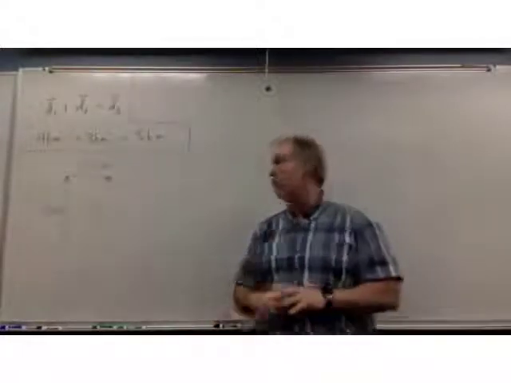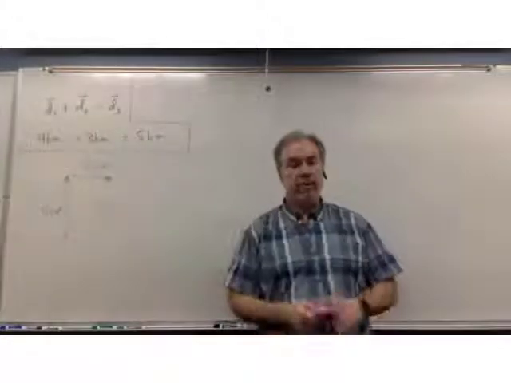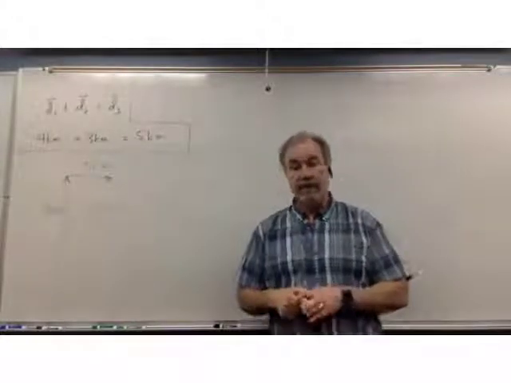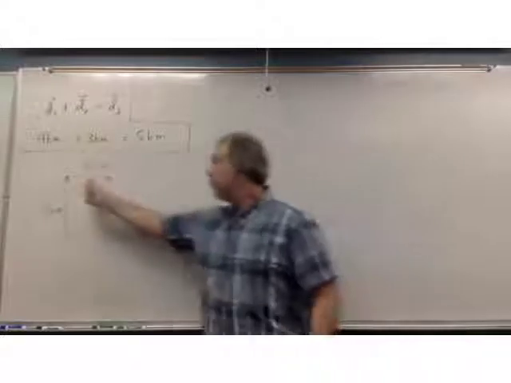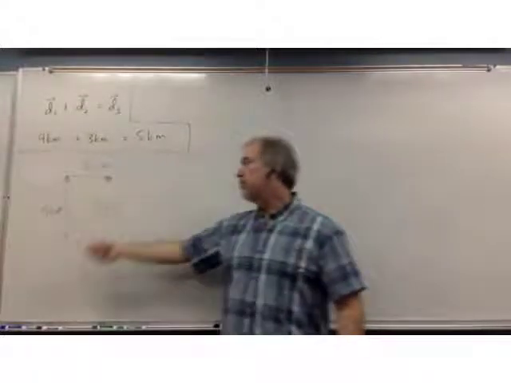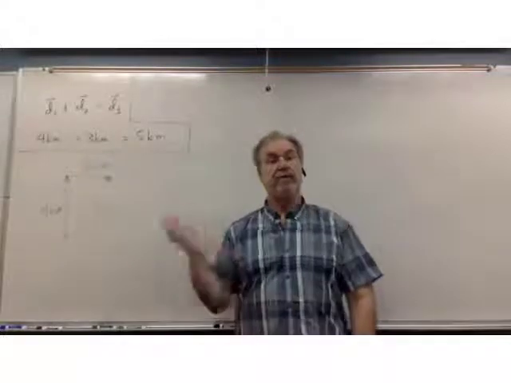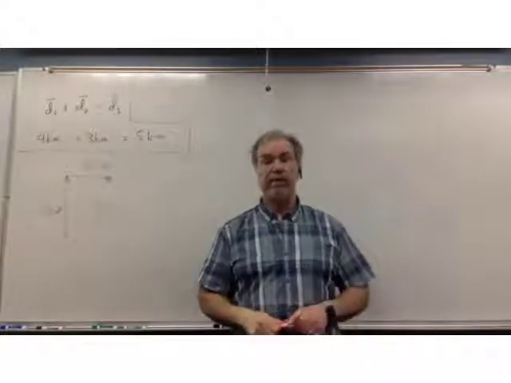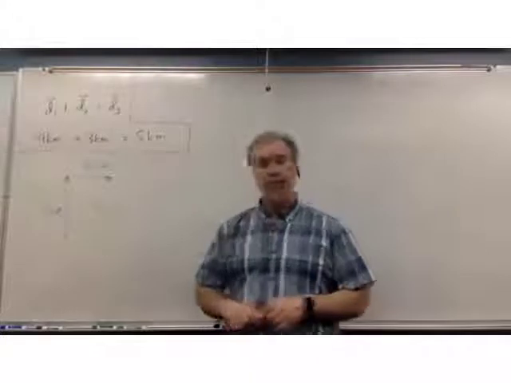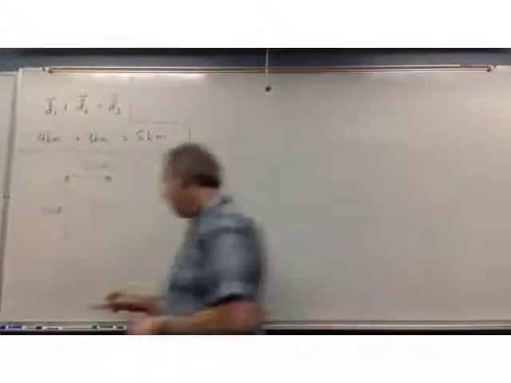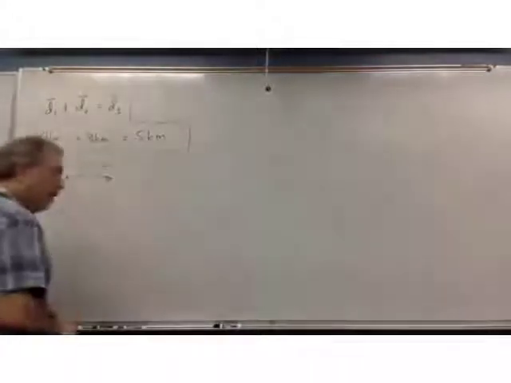I trust, by the way, that it is evident to you why that's equal to 5 kilometers, where that came from. And if it isn't evident, I'll point out that this construct here, because I traveled north and then east, and north and east are perpendicular to each other, I've constructed, of course, a right triangle here. And so a 3, 4, 5 right triangle, in fact. All right. Pythagorean theorem, if you prefer, which I do.